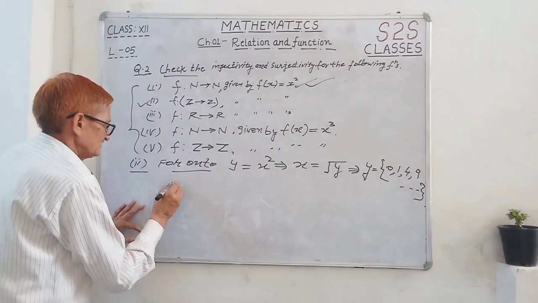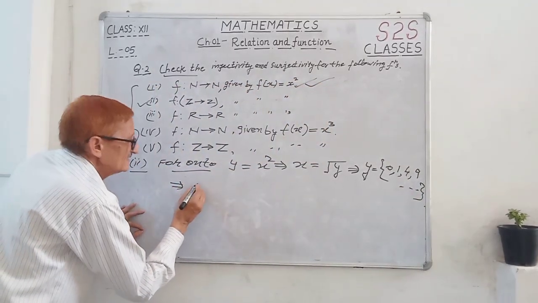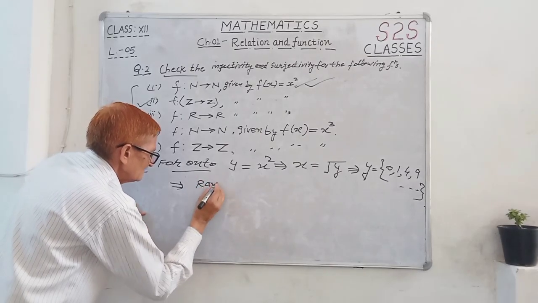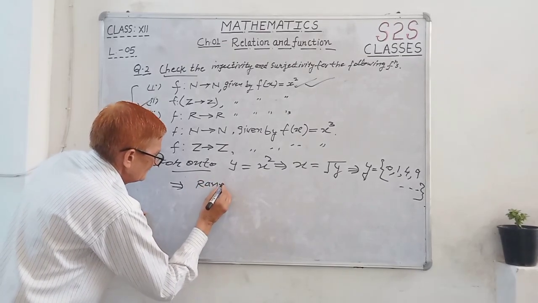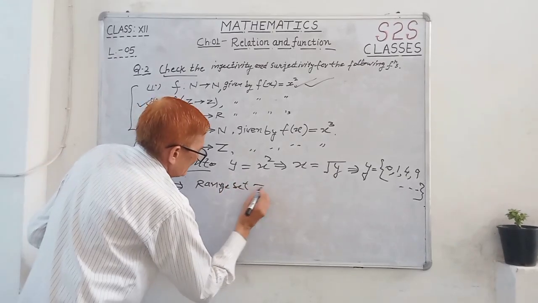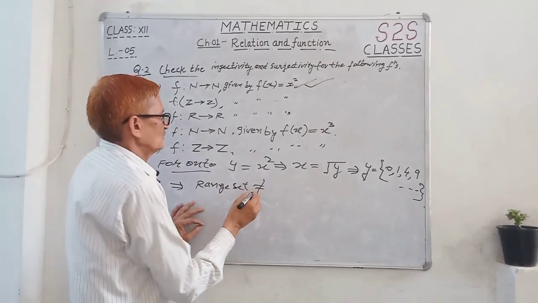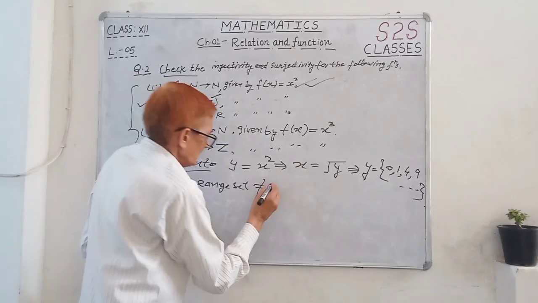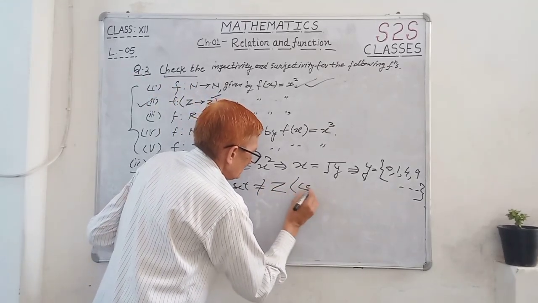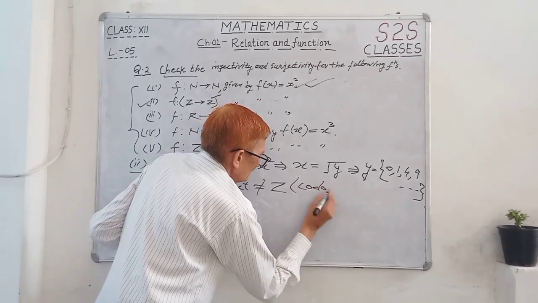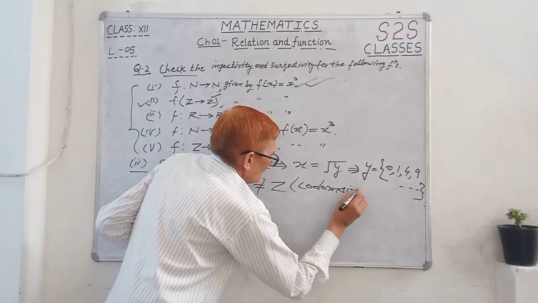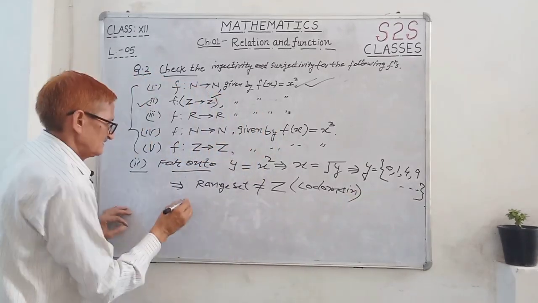Hence this implies the range set is not equal to the codomain, all integers. The range is not all integers.